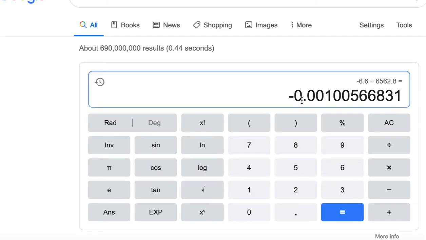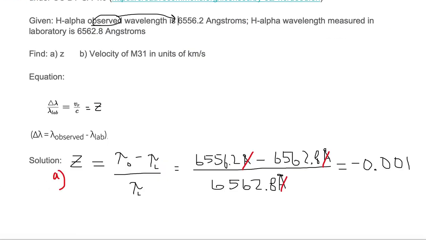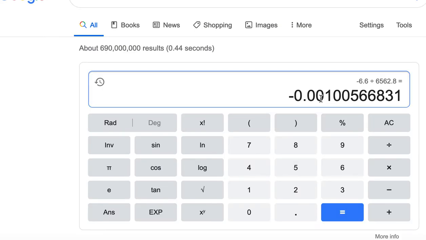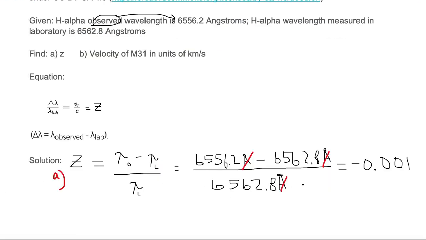Even though we have 5 values here, if we stuck in the other ones, we'd put in a 01 in here. But we can round it up for our simple calculation to be minus 0.001. And that is our redshift value, Z. So I'll put a box around it.